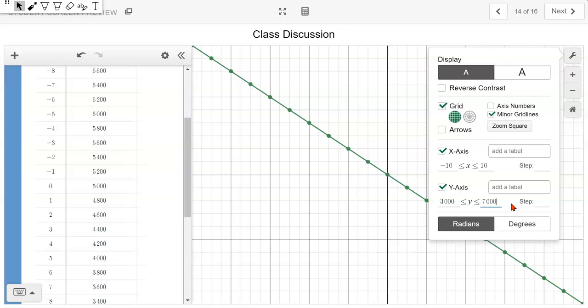And it is a linear. Let's make it for us to see below the x-axis, because the line here is already the x-axis.